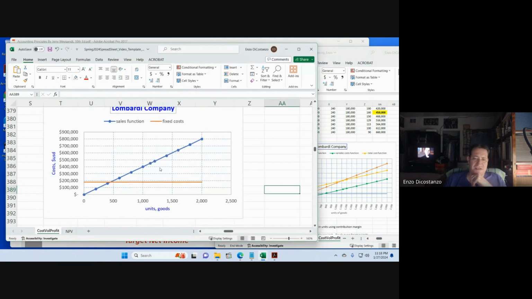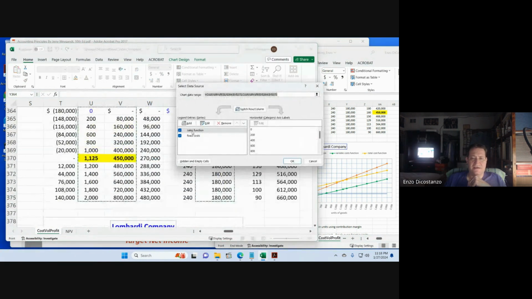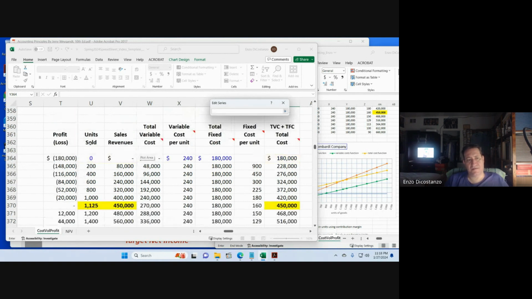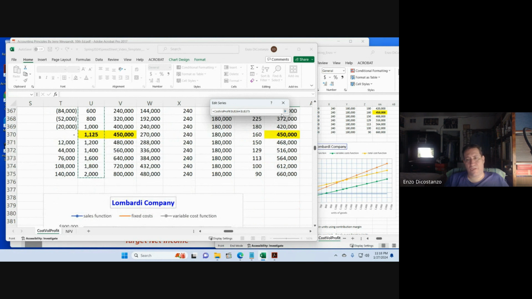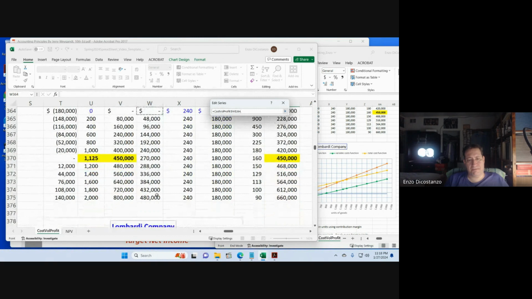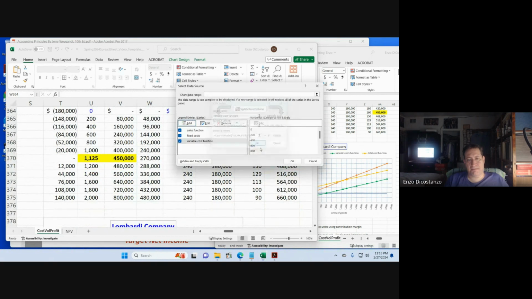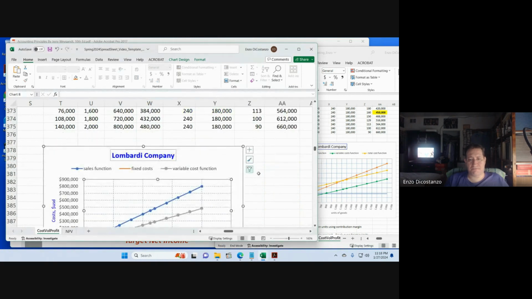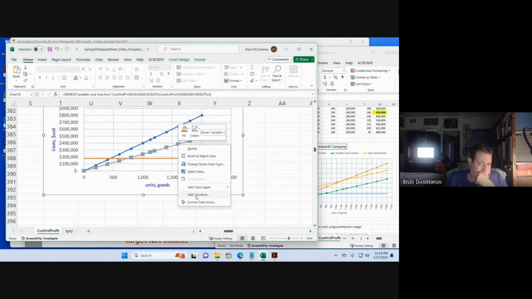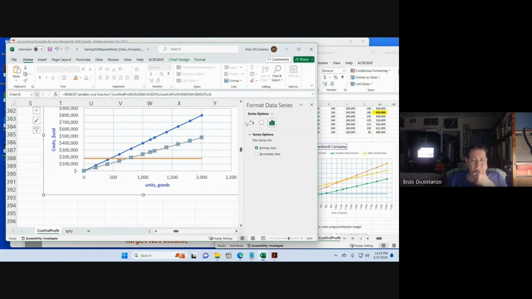You want the variable cost function next. Right click, Select Data, add variable cost function. And we'll look at the markers and colors.